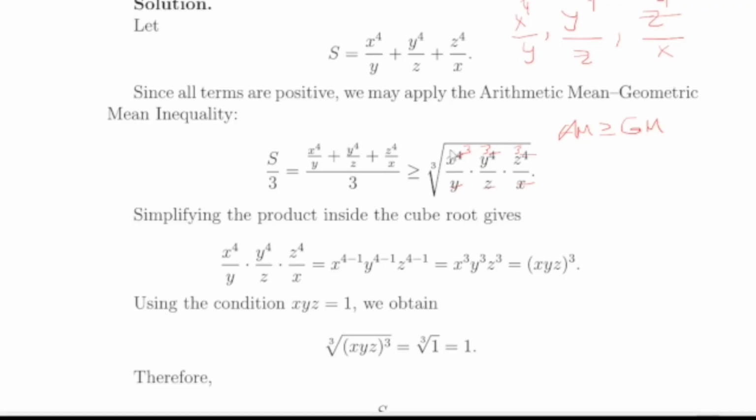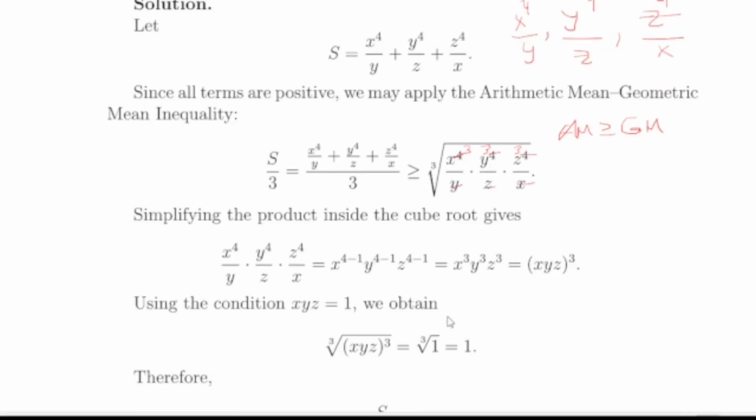So we have the cube root of x cubed y cubed z cubed, and we know that xyz is equal to 1. So this whole inside turns into 1 cubed, which is just 1, and the cube root of 1 is 1.